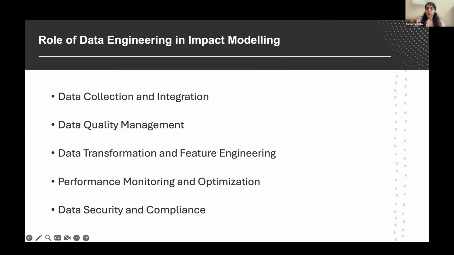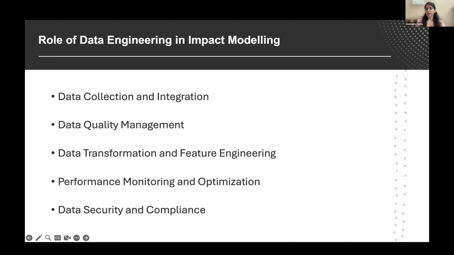Here, I'll be talking about the role of data engineering, be it impact modeling or any project that we work upon. It mostly revolves around five major pillars to have a good data set. First and foremost is the foundation, which is data collection and integration.